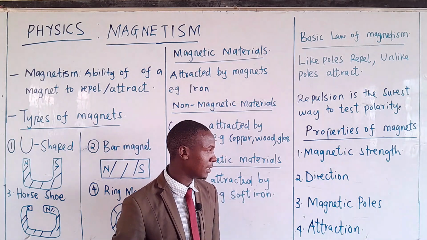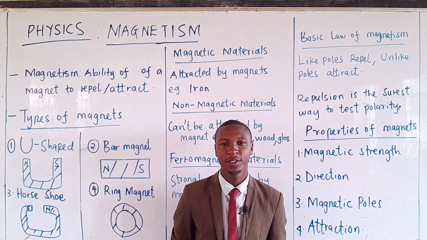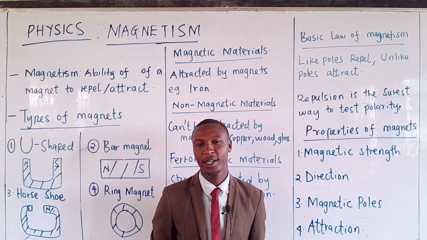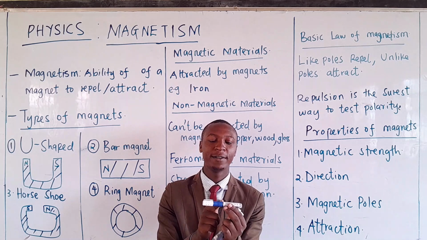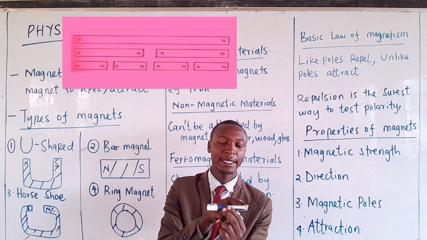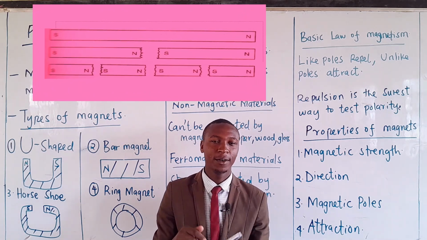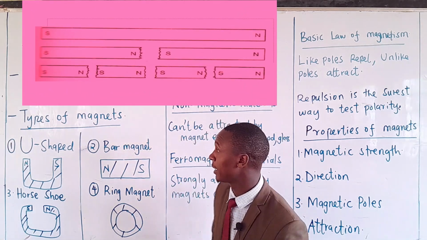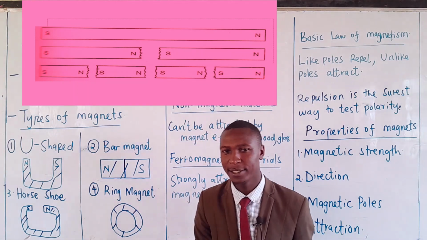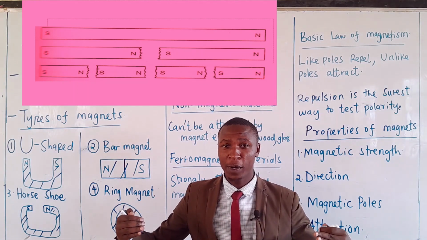Now, we also have magnetic poles. The magnetic poles of any magnet lie at the ends of the magnet. If this is a magnet, the poles will never lie at the middle here. They are always going to lie at the ends of that magnet. A good example is if you have a magnet like this one and you break it. The two pieces are going to acquire new polarities.